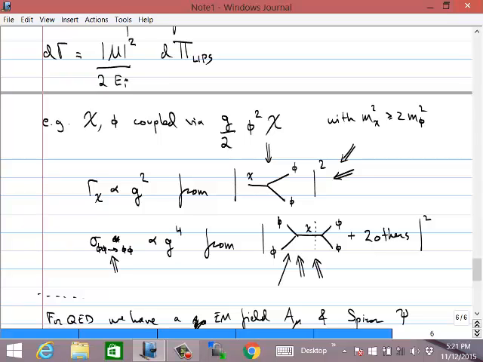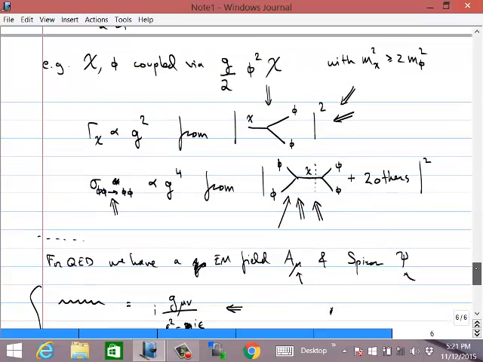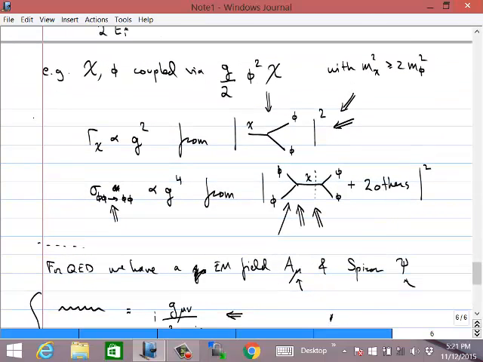This is an important and subtle point, which I haven't talked about yet. If you think about this theory, where m chi squared is bigger than 2m phi squared, then the chi particle is not a stable state in the theory.